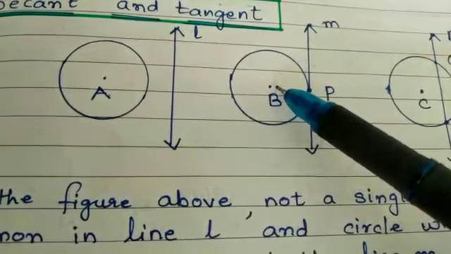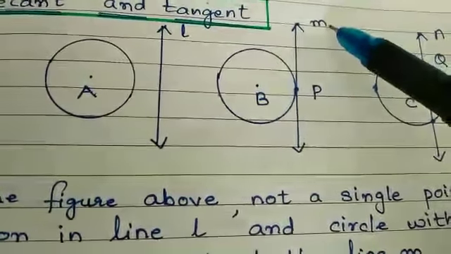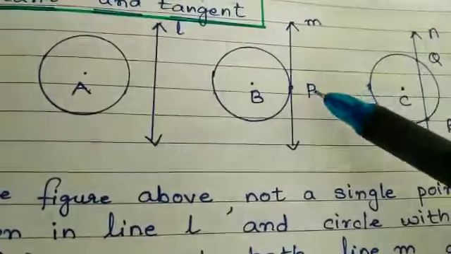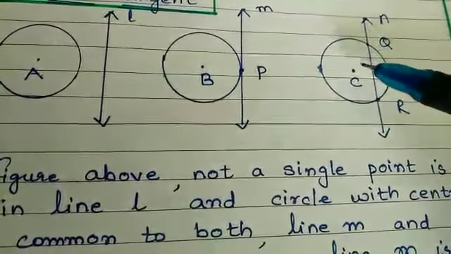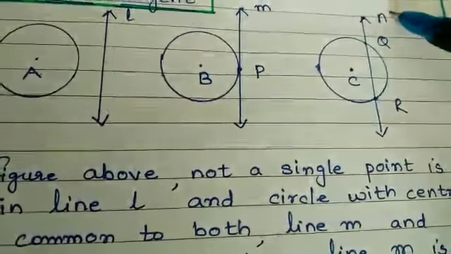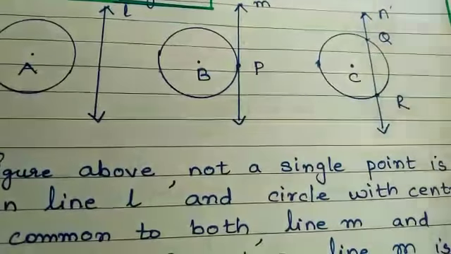In the third figure, the circle with center C, the line N is intersecting the circle in 2 points Q and R.